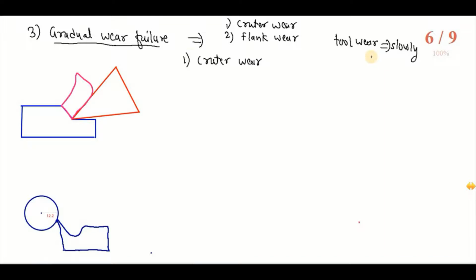This gradual wear has two types: one is crater wear, another is flank wear. First we will see what is meant by crater wear.